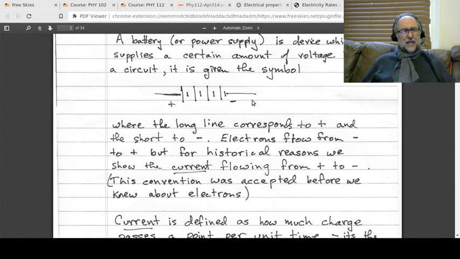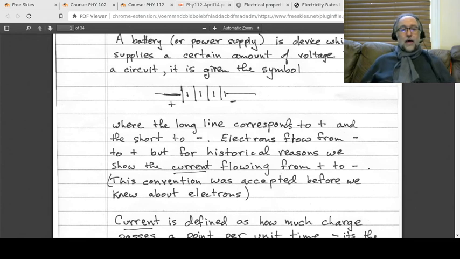But in reality, it's the electrons flowing from negative to positive. It's just a minor point. It's not that big a deal, but if you ask, why are you drawing that arrow out of the positive side of the battery into the negative, I thought the electrons flowed the other way? They do. It's just that once you've adopted a convention, you stick with it.